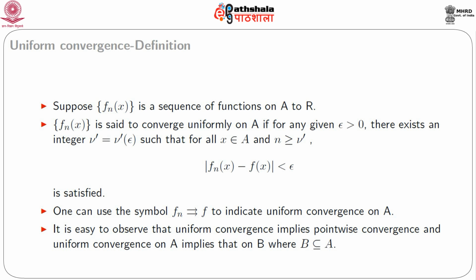One can use some symbol to indicate uniform convergence on A. Naturally, it is easy to observe that uniform convergence implies pointwise convergence, and uniform convergence on some set A implies that on some set B, where B is a subset of A.